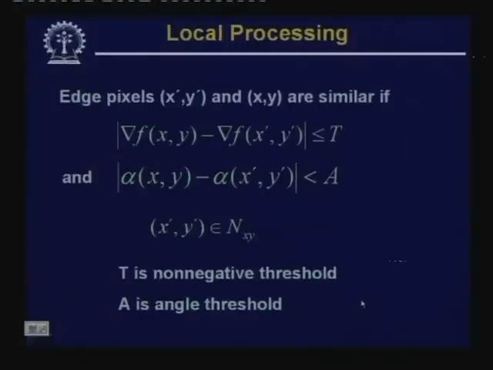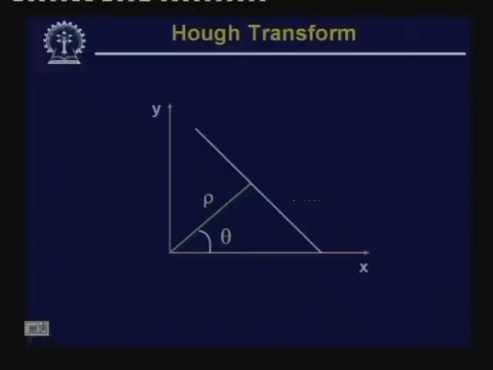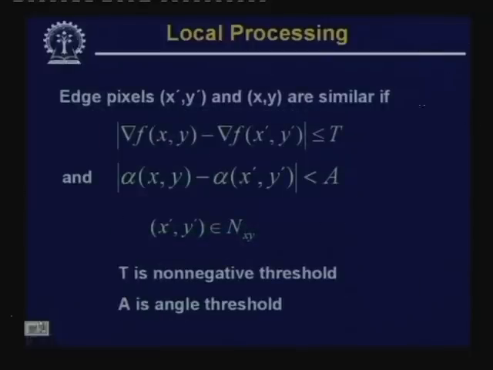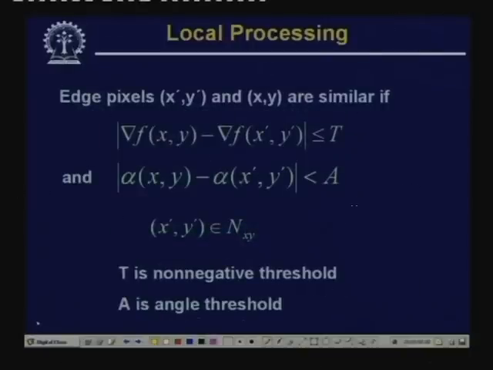So, for this what you have to do is we take an edge point x y and we find out a point x dash y dash which is in the neighborhood of x y. So, what we are doing is we are taking this point x y and considering the point x dash y dash which is in the neighborhood of x y, and we find out the difference of edge strength.